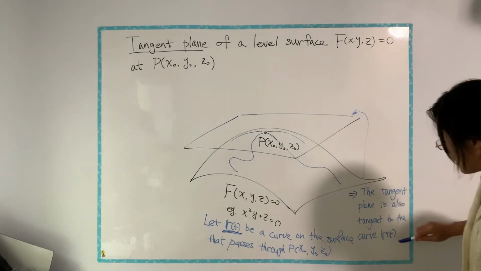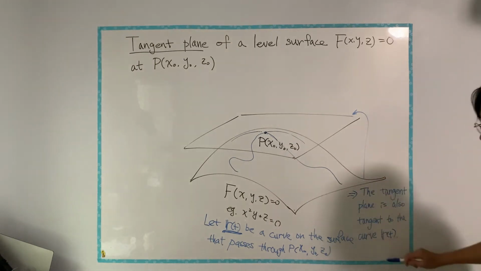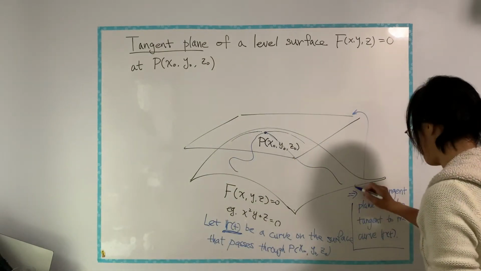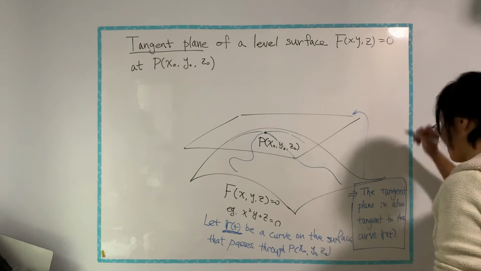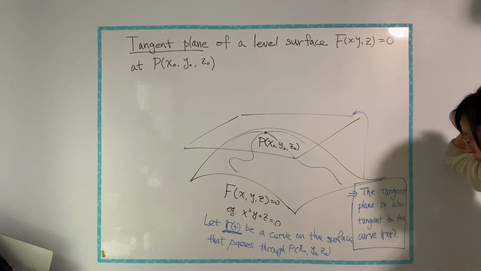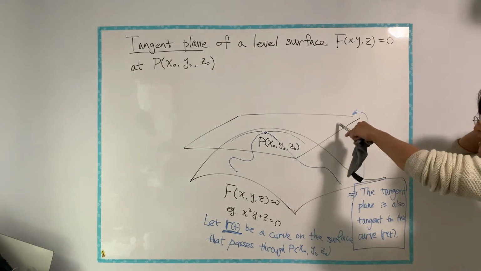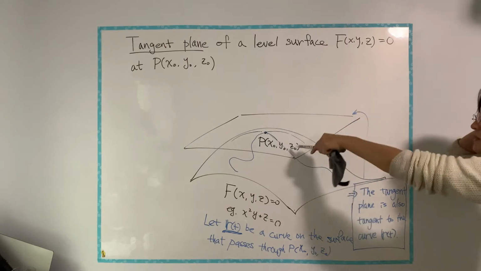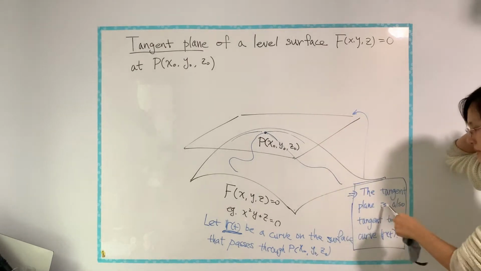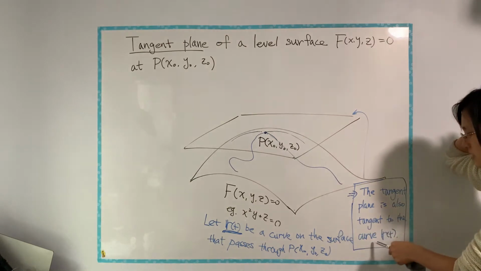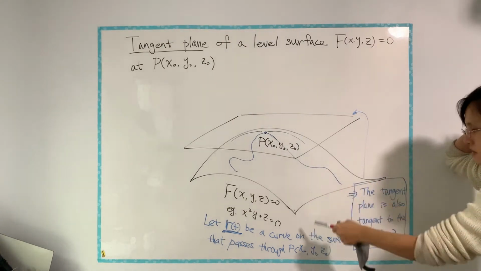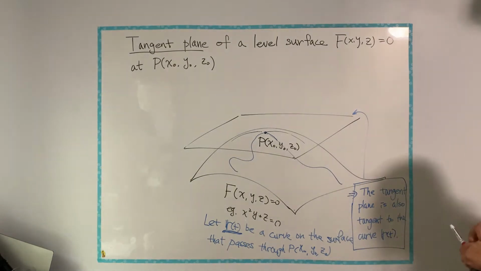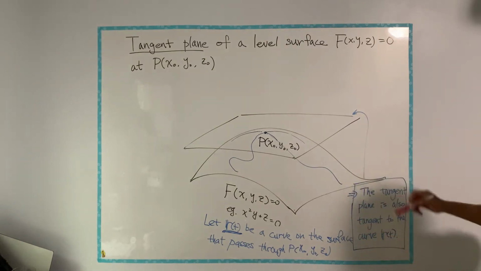So if you're okay with this conclusion, the tangent plane that I'm looking for, the tangent plane of a level surface at P, would also be a tangent plane to any curve sitting on the surface passing through P. Then this is what we can know from this conclusion.